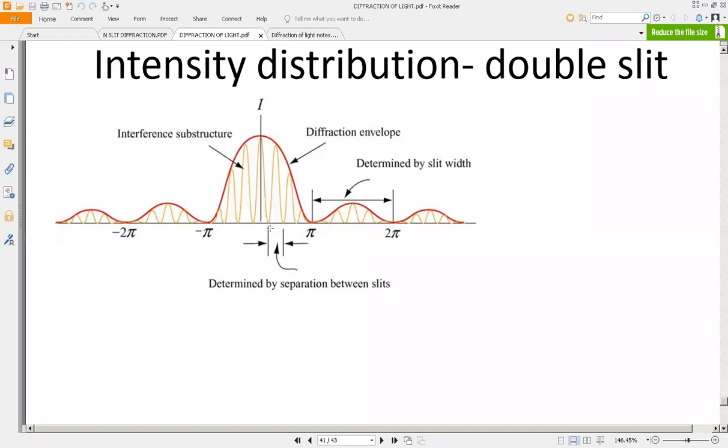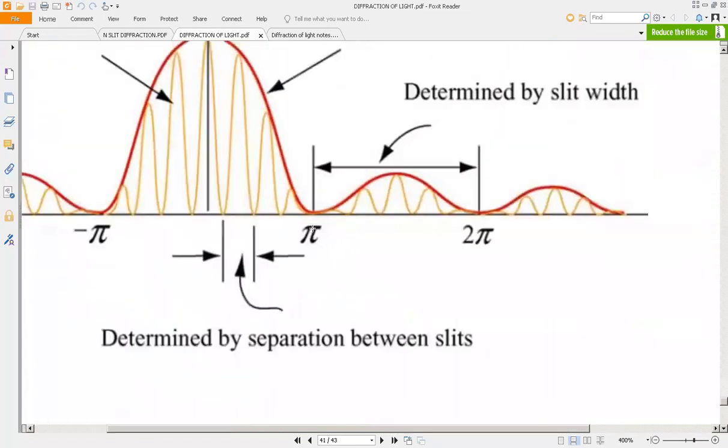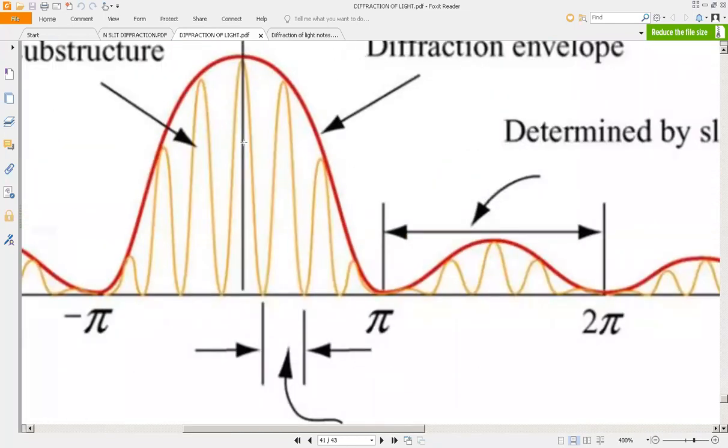As you can see in the picture, here the fourth order is missing. So let me zoom it. Zeroth order is there, first order is there, second order is there, third order is also there. But fourth order is missing. It is suppressed, and these are called missing orders. And this one is going to be fifth order, sixth order, seventh order, eighth order, ninth order is there.